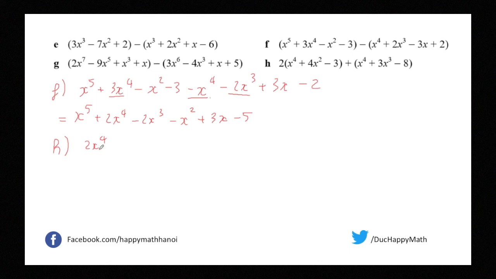It means 2 times x power to 4, and 2 times 4x squared, it means 8x squared, and 2 times minus 3, it means minus 6, plus x to the 4, plus 3x cubed, minus 8. So it will be equal to 3x to the 4, plus 3x cubed, plus 8x squared, and minus 40.